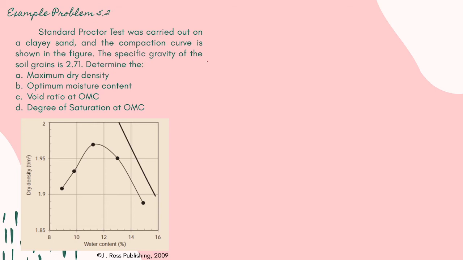For the maximum dry density, we will simply refer to the figure, and we can write that the maximum dry density is equal to 1.97 tons per cubic meter.